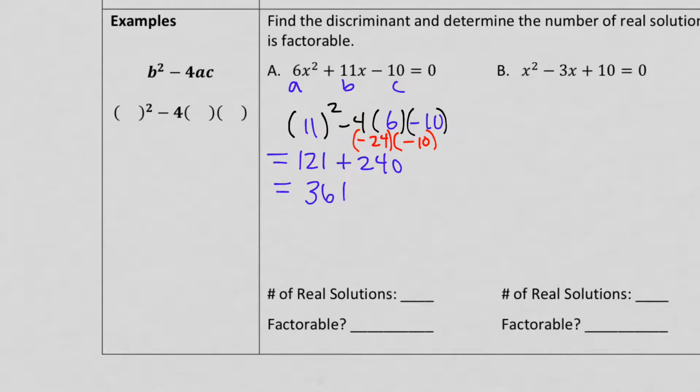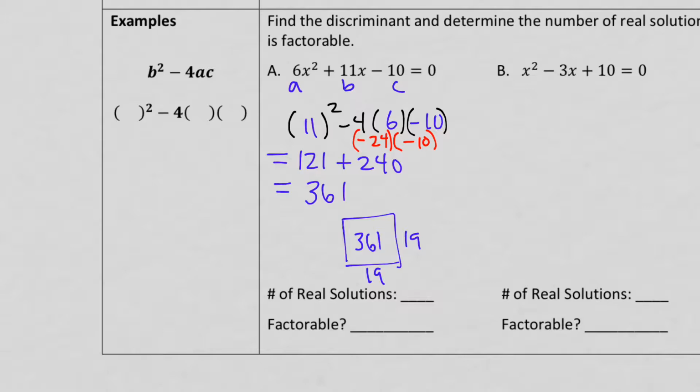Now this is a large value that we're not used to working with probably, just in our heads. But 361, if you think about it, is going to be a perfect square. To give you a visual, 361 is going to be the area of a 19 by 19 square.